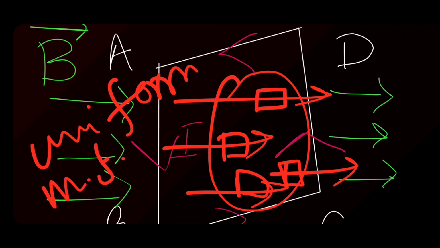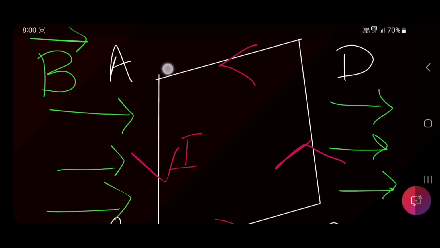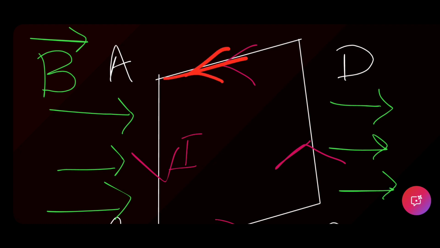So what happens when we place this loop in a uniform magnetic field? These four sides will experience force due to this magnetic field, as every side carries a current element I. First we calculate the force on AD. In this line we calculate force F1.